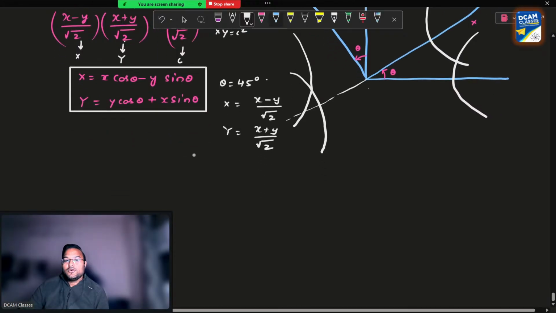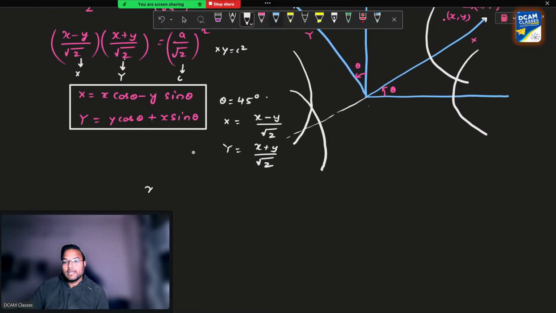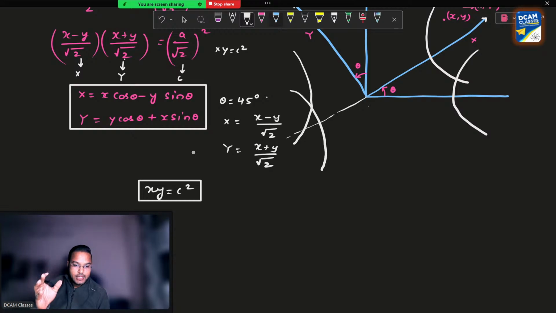Now when we are talking about xy is equal to c square, this is just to make you understand: the rectangular hyperbola that we study, xy is equal to c square, is nothing but the original hyperbola itself rotated by an angle theta.